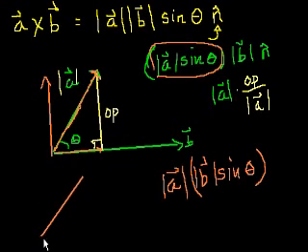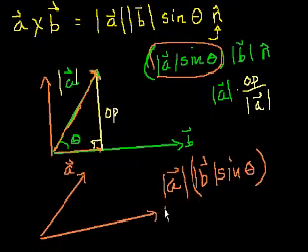So that's my A. That's my B. B has some component of it that is perpendicular to A, and that is going to look something like, well, I kind of run out of space. Let me draw it here.